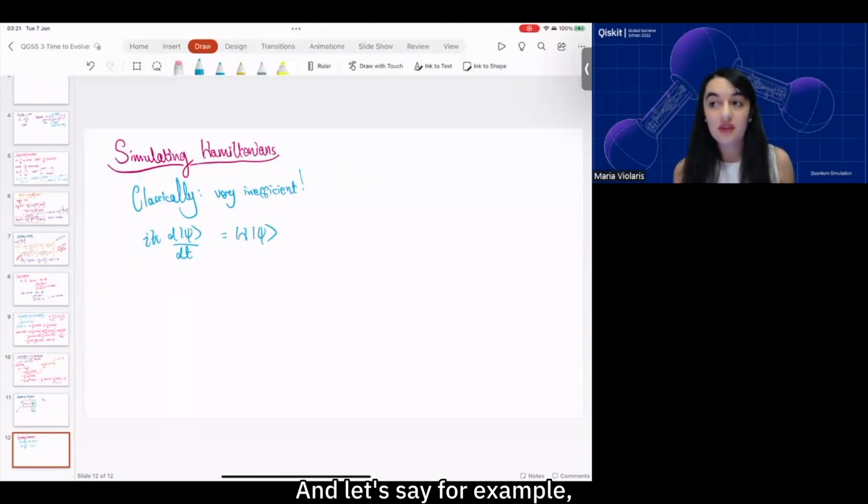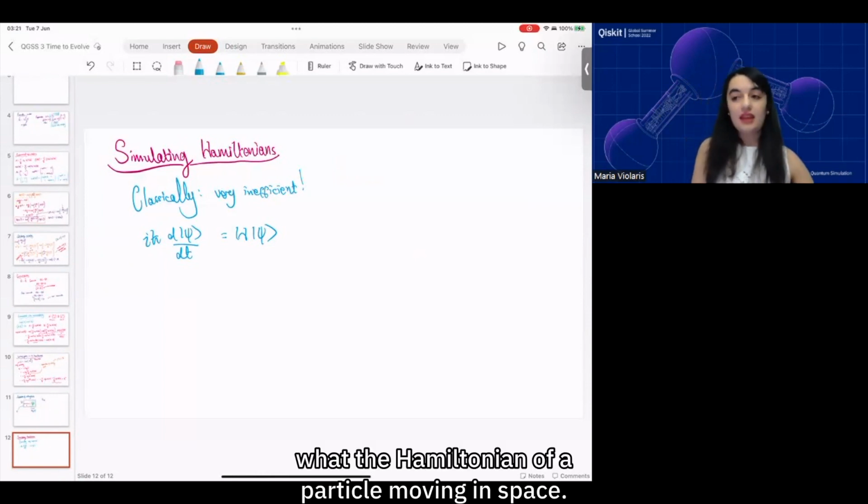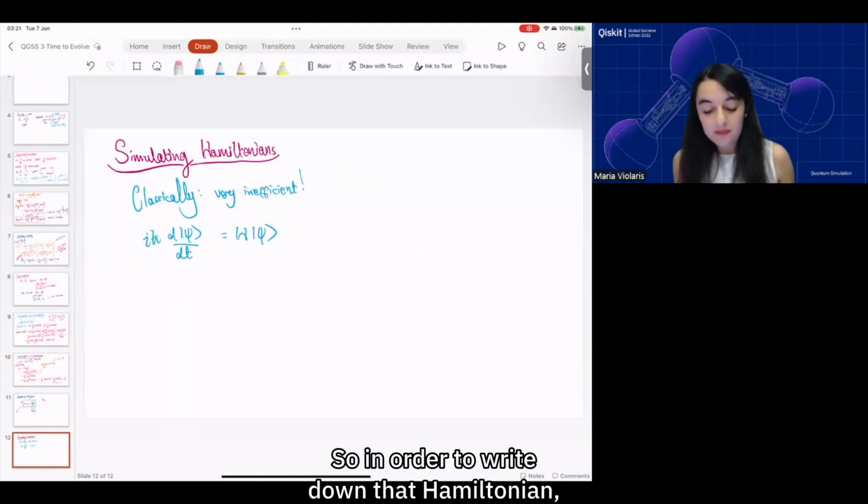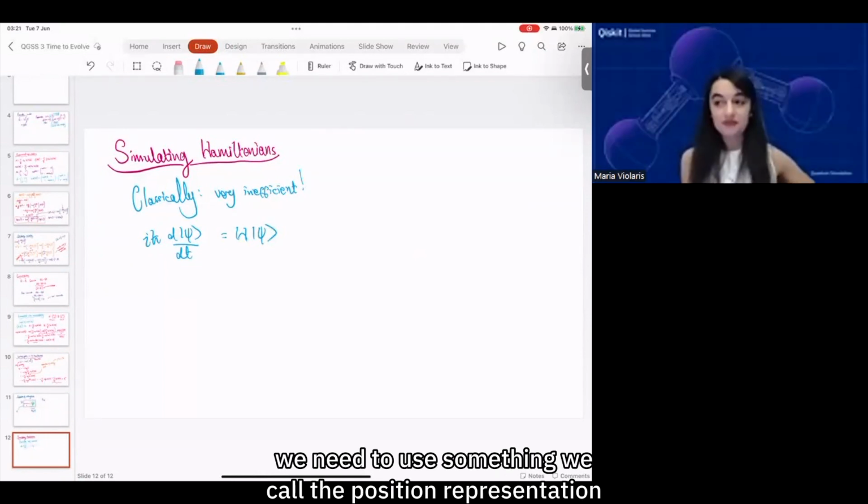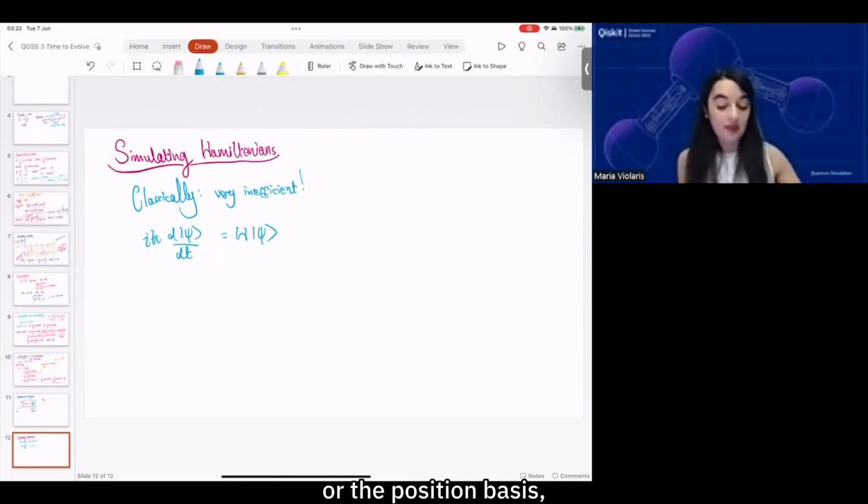Let's say, for example, we want the Hamiltonian of a particle moving in space. In order to write down that Hamiltonian, we need to use something we call the position representation, or the position basis.